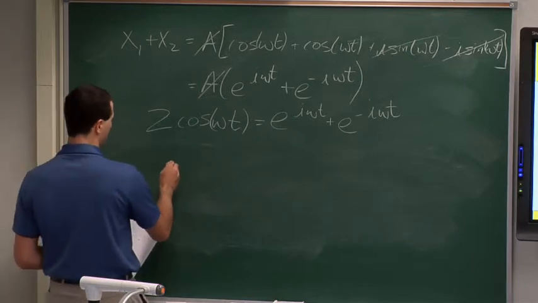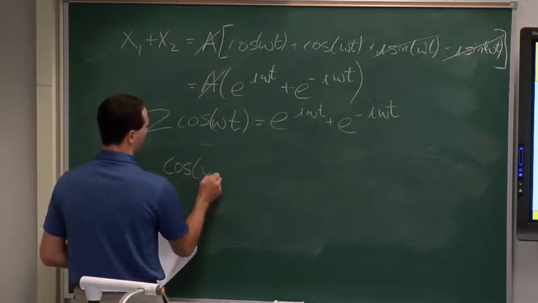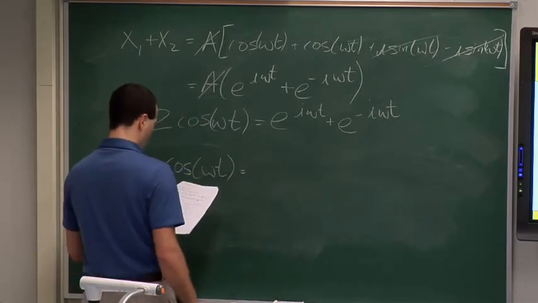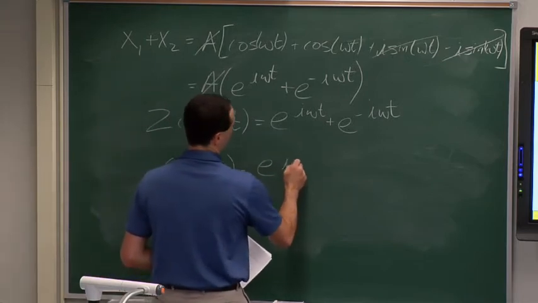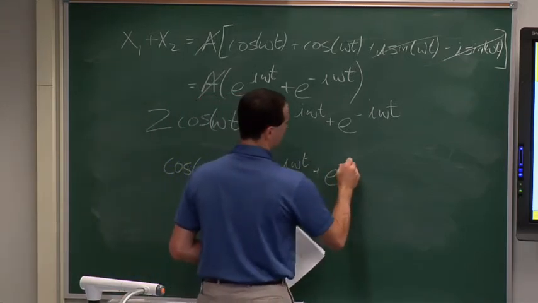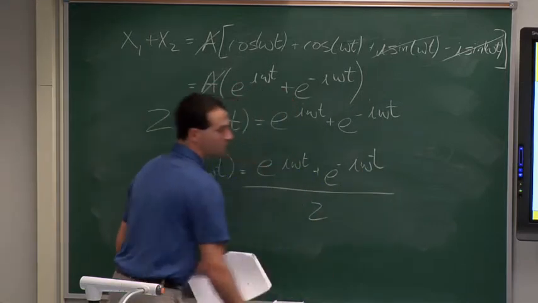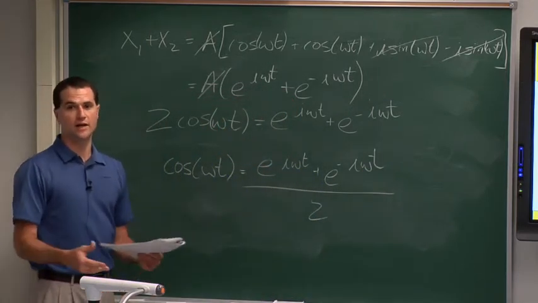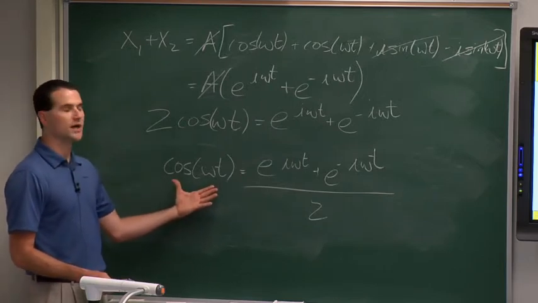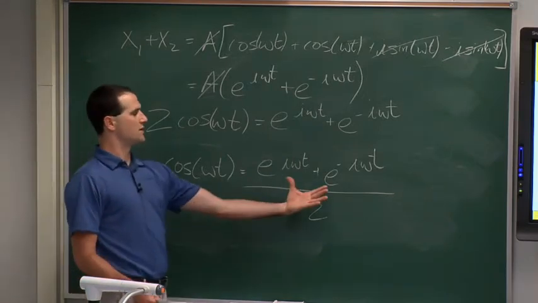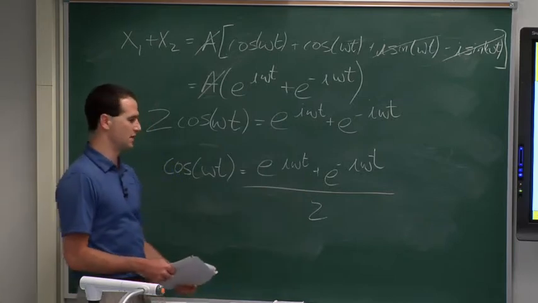Then simply solving for the cosine function, I get e to the i omega t plus e to the negative i omega t divided by 2. So now I can transform my cosine function into the summation of these complex exponentials.